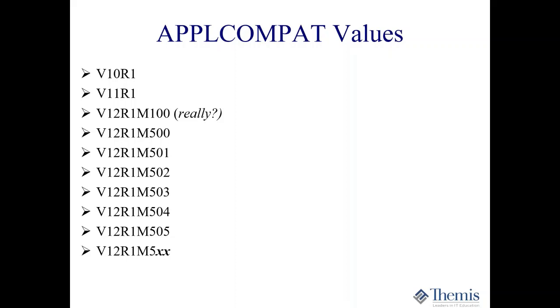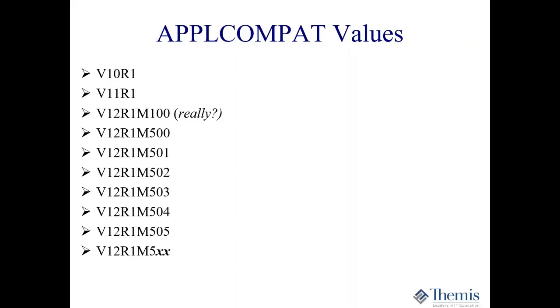Notice that I've got a little note next to V12R1 M100. That is the function level that we used to call conversion mode. So if you are at V12R1 M100, you don't have any access yet to any version 12 new features.